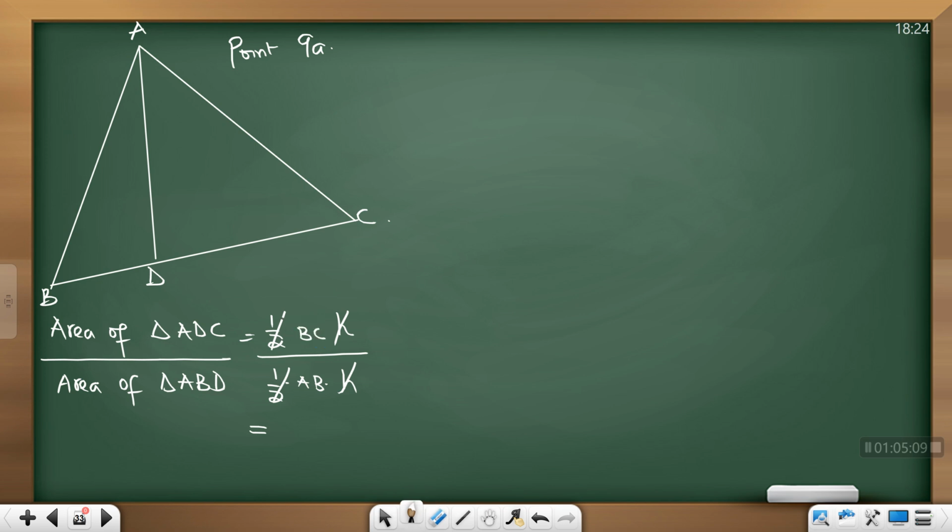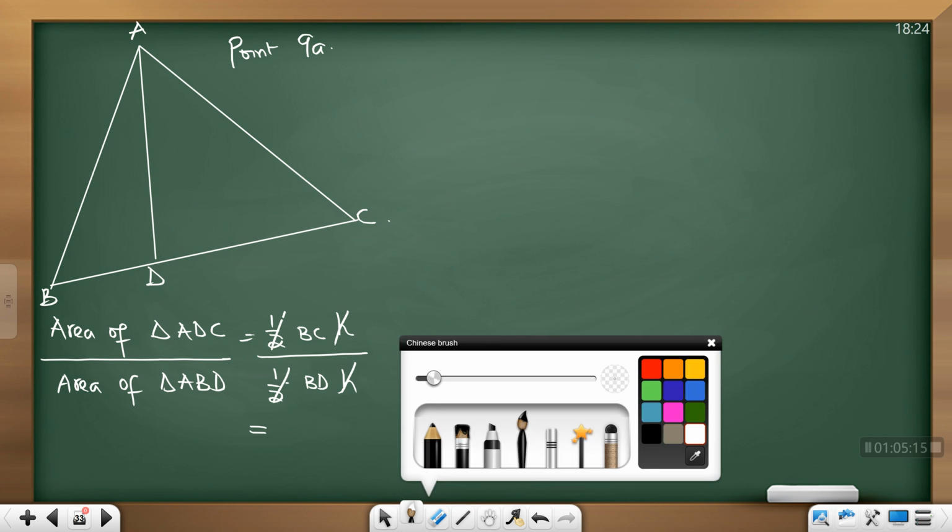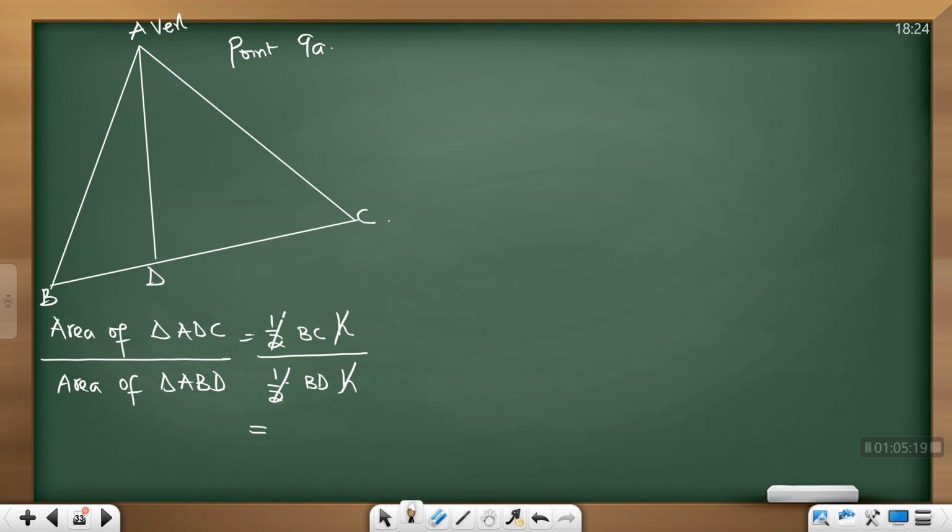BC as my base and BD as my base. Because we're saying half base, that is the vertex there, and this is the base. So my base is on the same line and they have the same vertex. What happens to my height? It's the same.